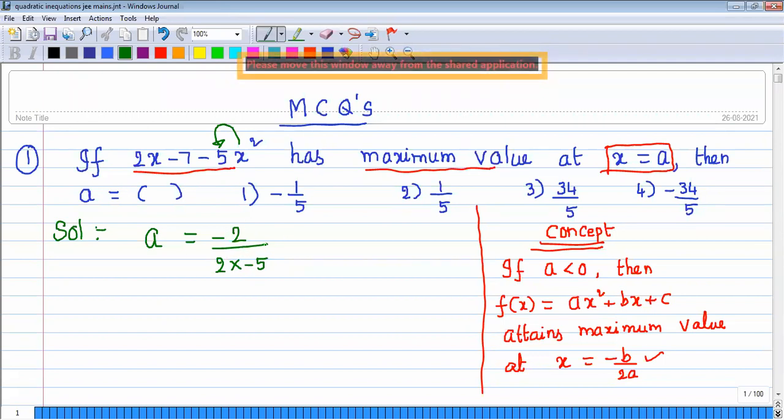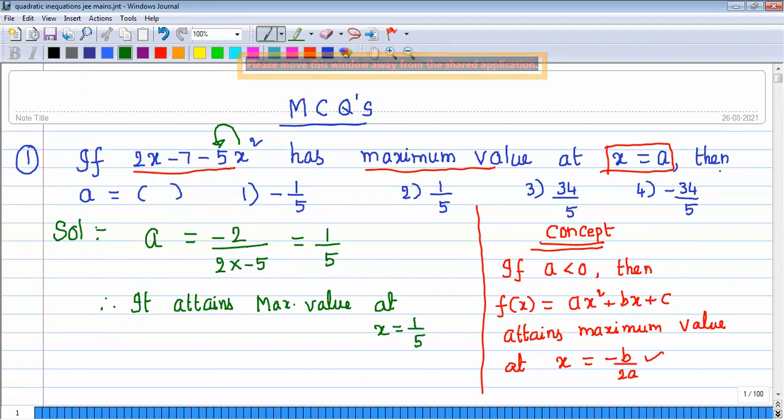We have 2 gets cancelled, 1 upon 5. That means it attains maximum value at x is equal to 1 upon 5. But here it is given that x is a, so a refers to this 1 upon 5. Second option is the right option.